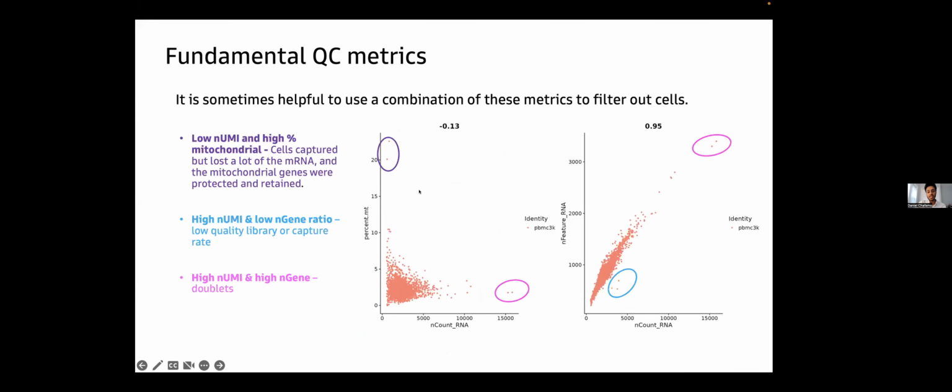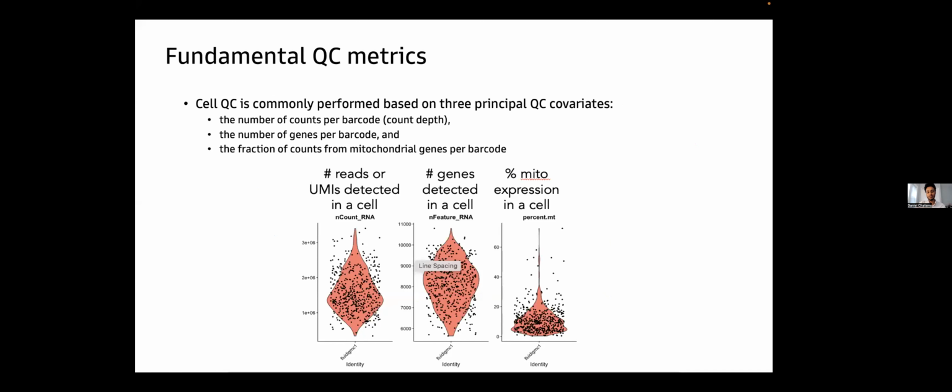Okay, so it is usually helpful to visualize these QC metrics. This is a very fundamental step. We're going to visualize it and try to determine the cutoff that we want to set. There are a lot of recommendations out there, but I would suggest to first look at your own data, and not go with some default.